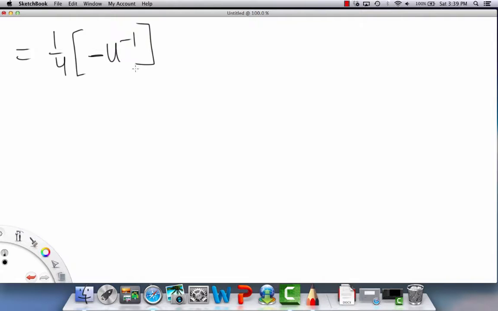Now we have to replace the u with what we subbed out for it. u, remember, was sine theta. That's what we made it. So this is actually a -1 over 4, I'm just going to bring the negative out, and then this is 1 over sine theta.